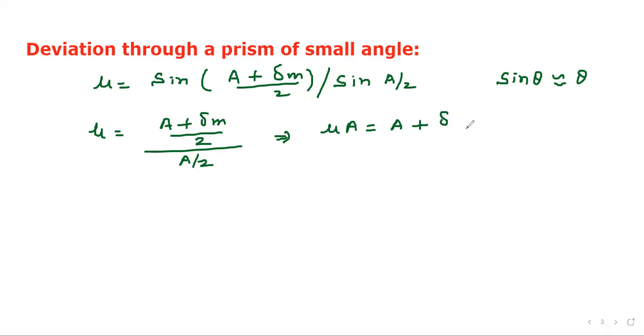Let's write delta M as delta. So from here we can get delta equals mu A minus A, which implies delta equals A times mu minus 1.